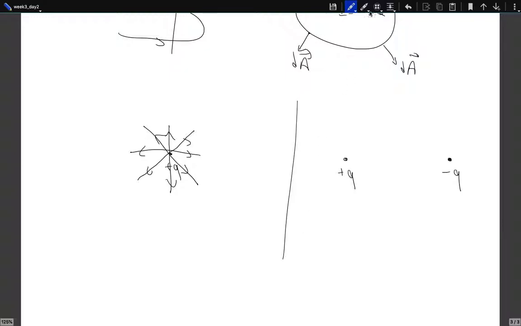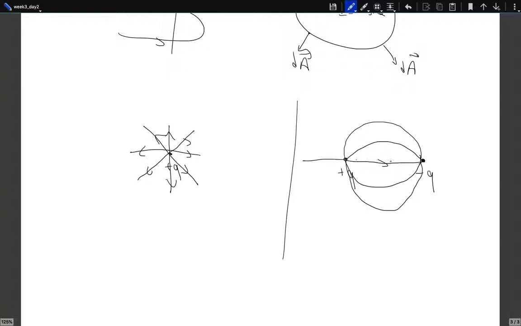We had discussed the electric dipole and the electric field lines of the dipole. Well, there will be one that goes straight from the positive to the negative charge. There will be others that bend. There will be this one going straight out.